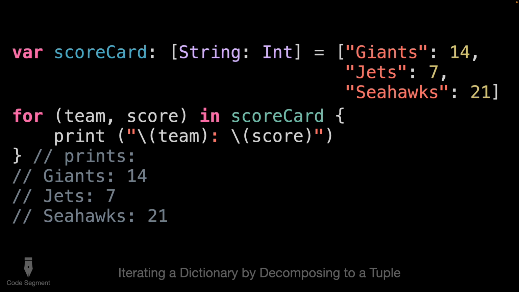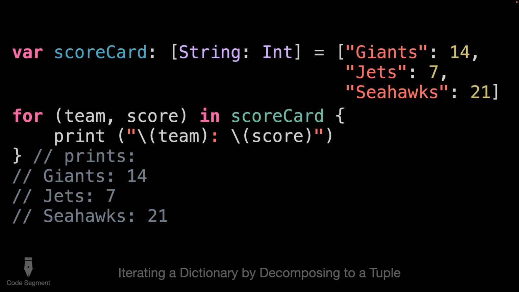So in this case, we are iterating through the scorecard dictionary, which has a type of string keys and int values. In our for loop, we define for the variable a tuple constant with identifiers of team and score.